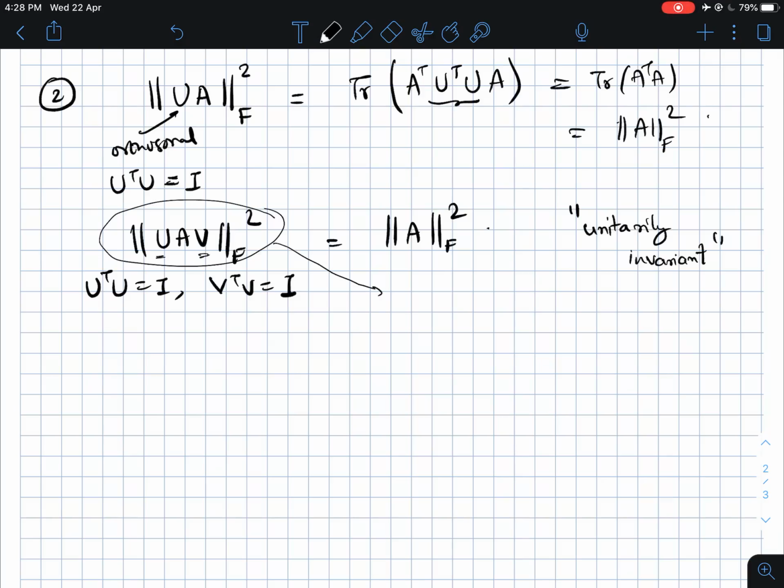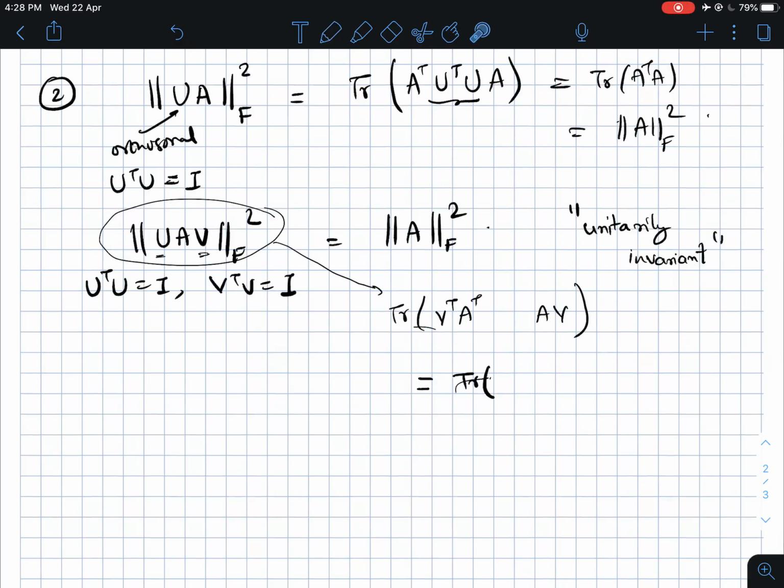You can also prove this in exactly the same way. You can take the trace. So you will get trace of V transpose A transpose U transpose UAV. U transpose U is identity, so I might as well get rid of it. Then you will get V transpose A transpose AV. How do you know this is the same as trace of A transpose A? Well, you can just use the cyclic property of trace.